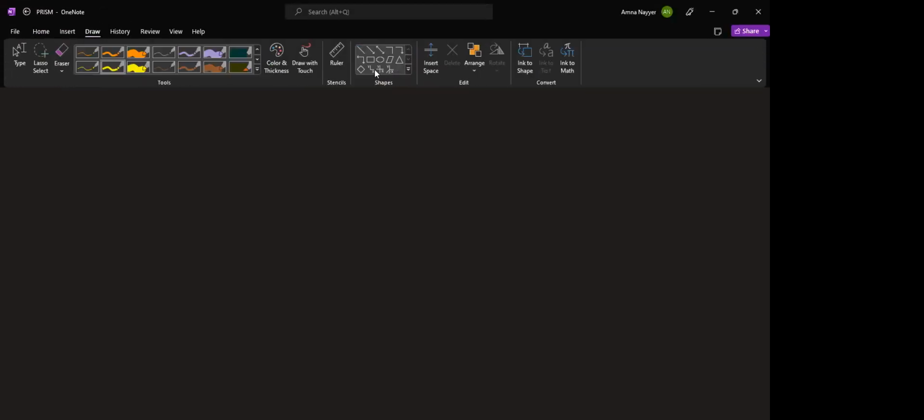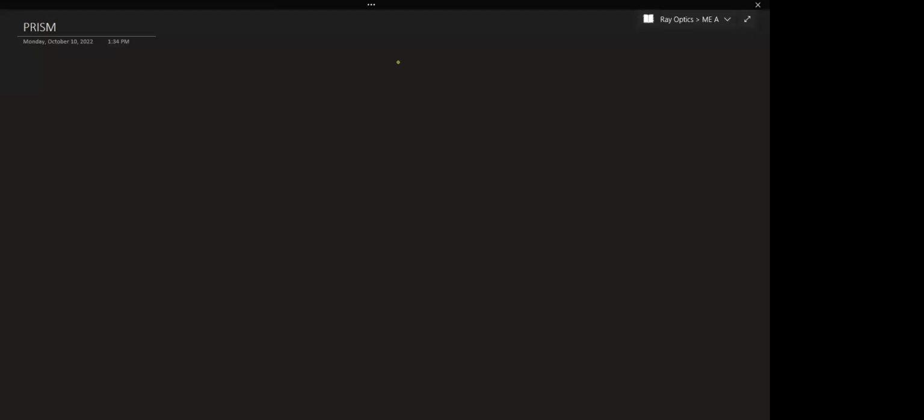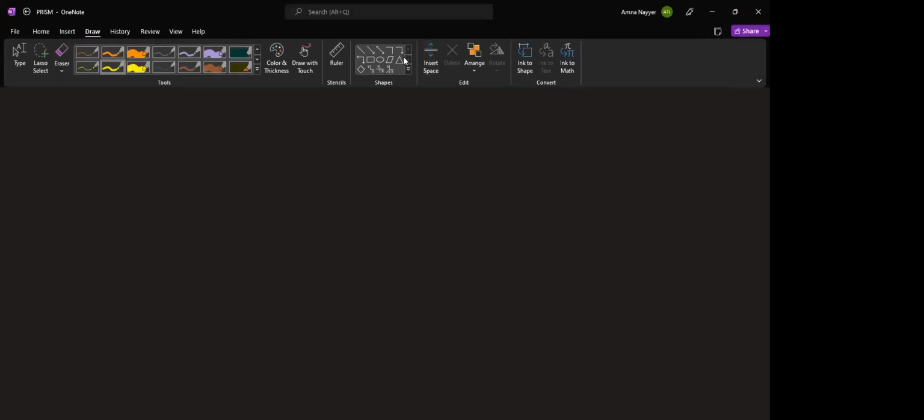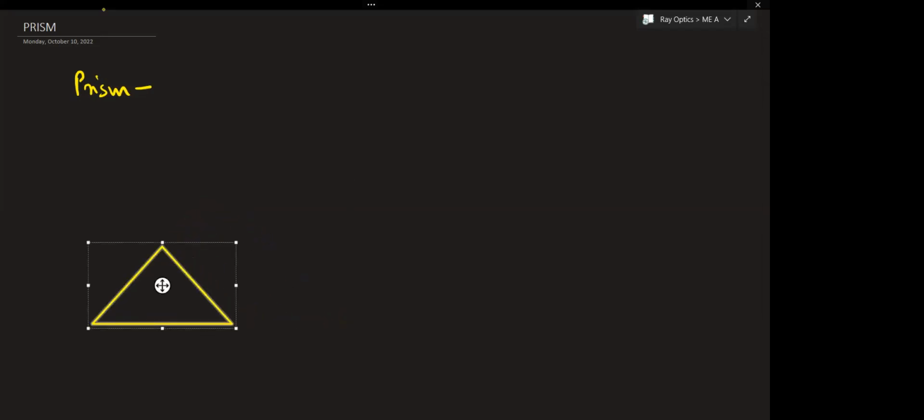Prism is a wedge-shaped portion. So prism is basically a wedge-shaped portion that is not at all a complete triangle.